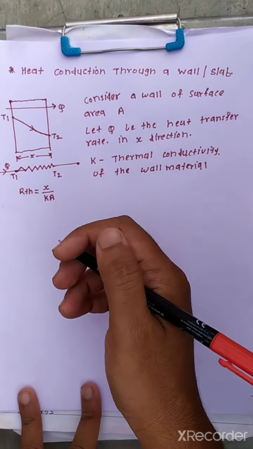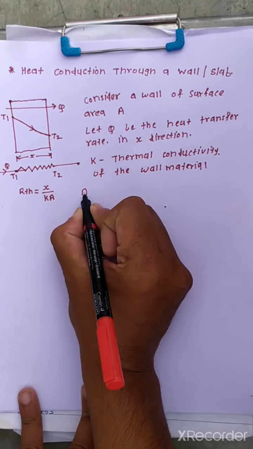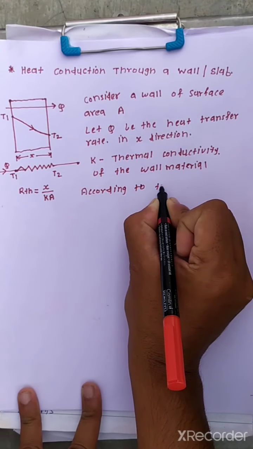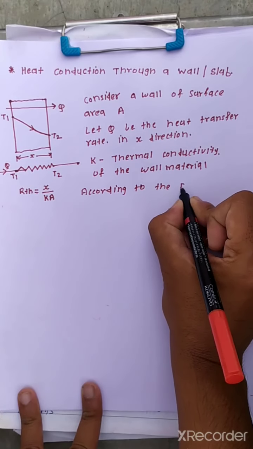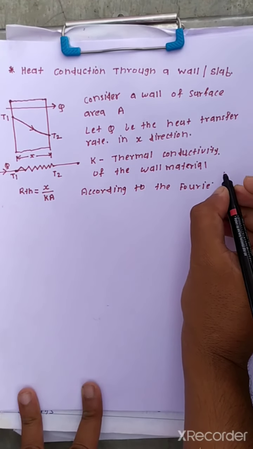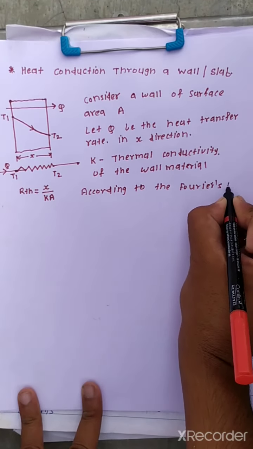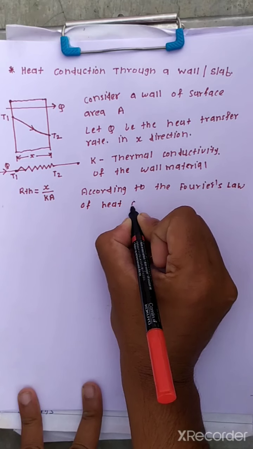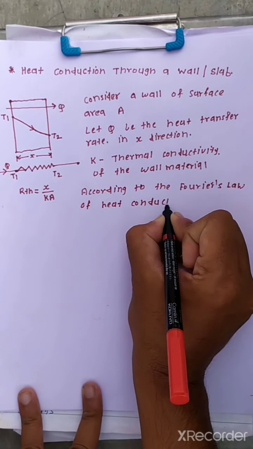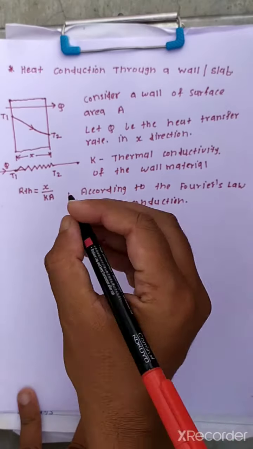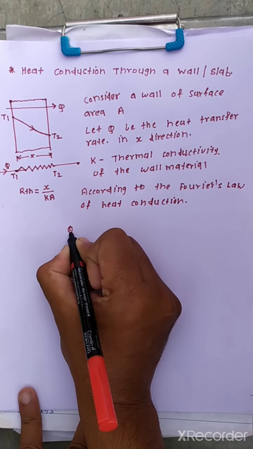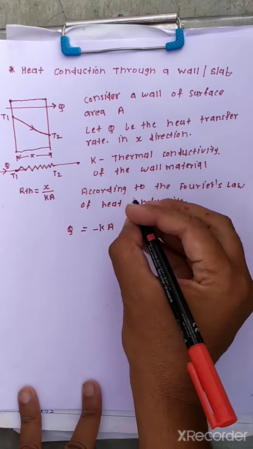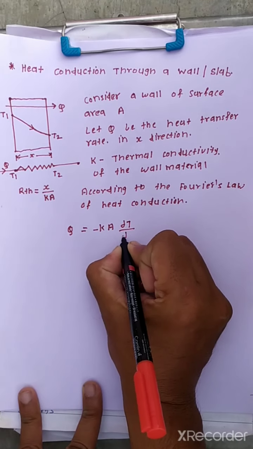So according to Fourier's law of heat conduction, heat transfer rate Q is equal to minus KA dT by dx.